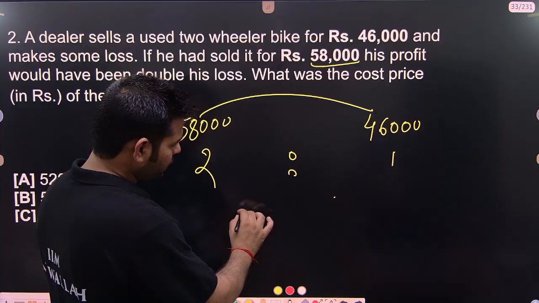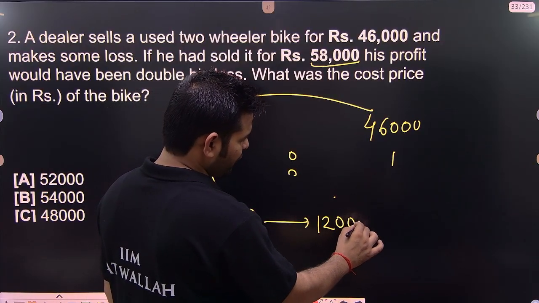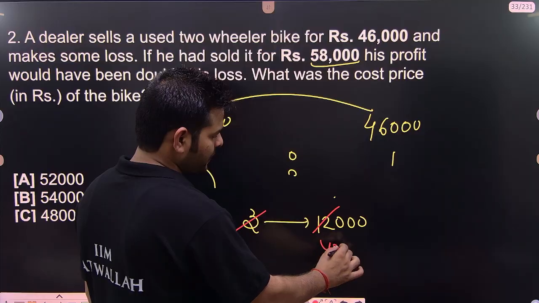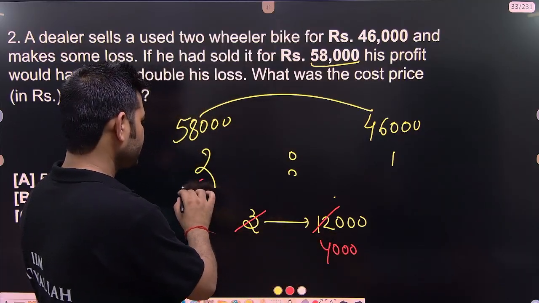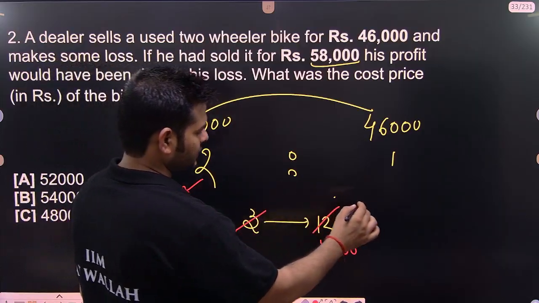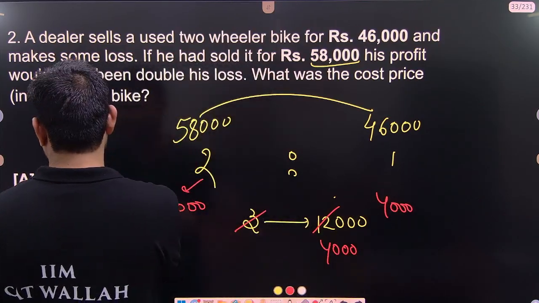So 3 units represent 12,000, 1 unit will represent 4,000. So 2 units will represent 8,000 and 1 unit will represent 4,000. So the real cost is 50,000.